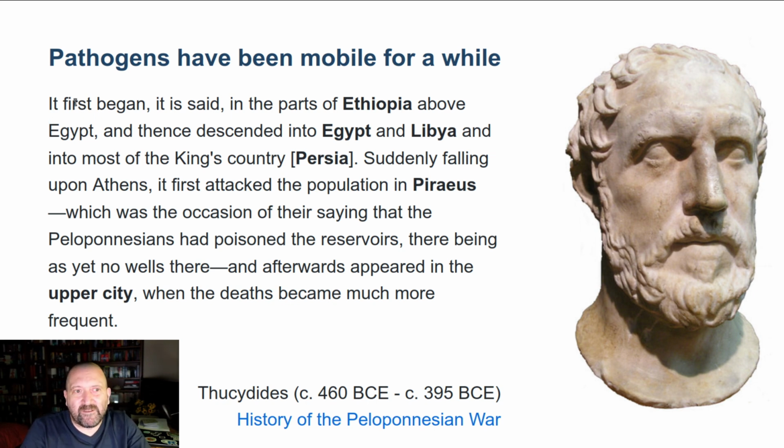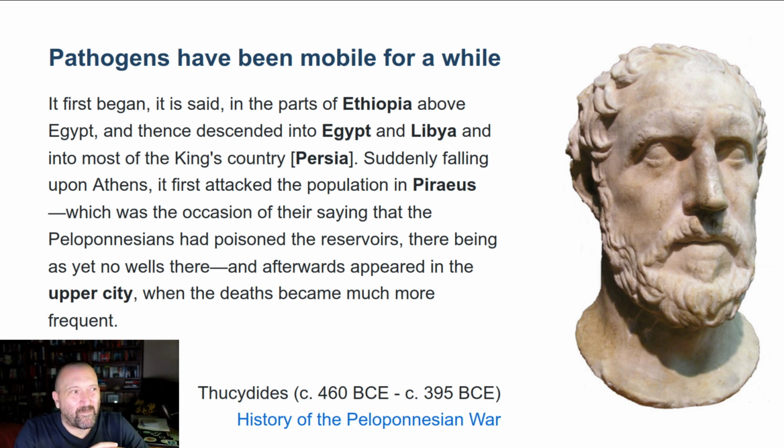And so you can see that he says, well, it started in Ethiopia, then went to Egypt and Libya, and then Persia, and then it made its way to Piraeus, which was the port part of Athens, and then all the way to the upper city. And this is very interesting in my view because it really gives a very sort of modern description.